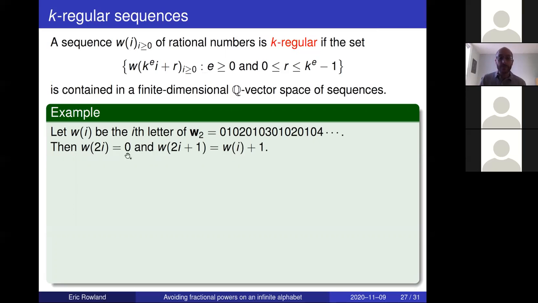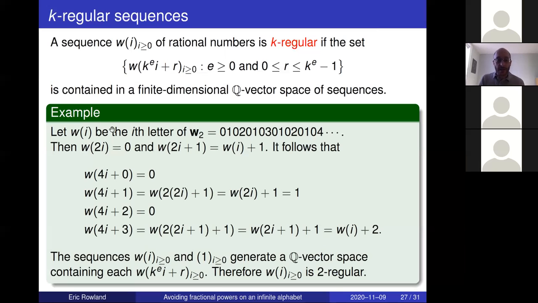So these two recurrences or equations, if we look at other subsequences of this form, so this is W of a power of k times i plus a remainder mod k to the e. If we look at higher powers of 2, so 4i plus 0, 4i plus 1, etc., we can use these two recurrences and sort of by reading i in base 2, resolve this down into linear combinations of sequence Wi and the constant 1 sequence.